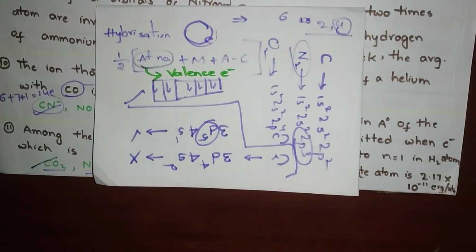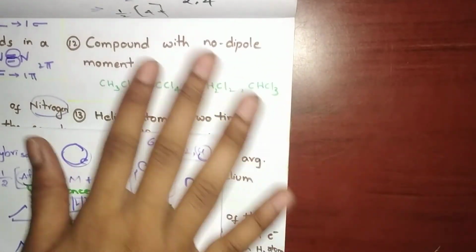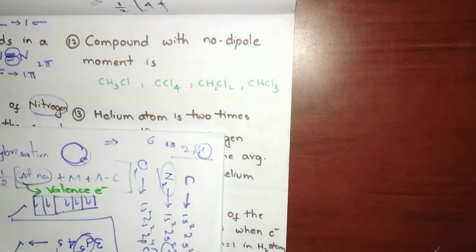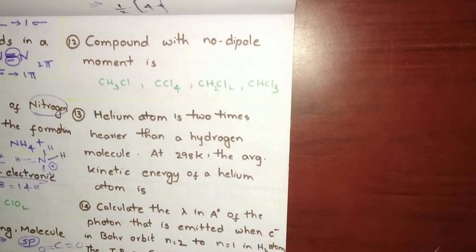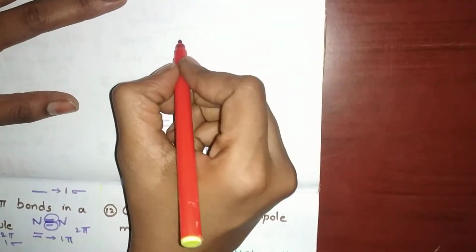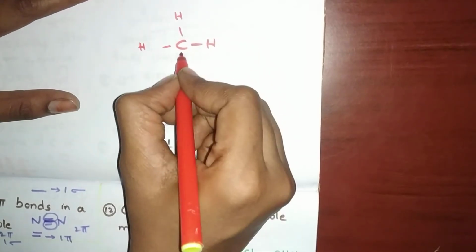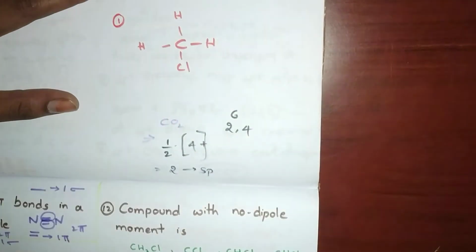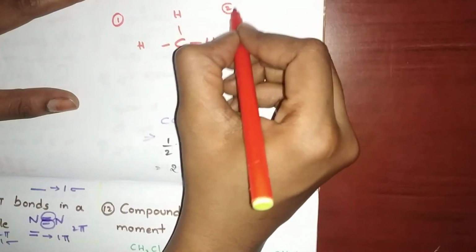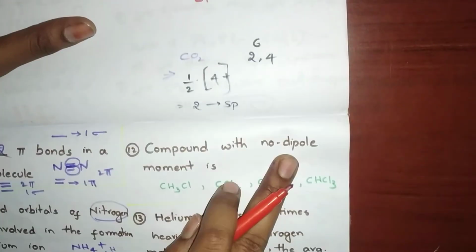Okay. So next, see the question. Compound with no dipole moment. We have to find the correct option. CH3Cl, CCl4, CH2Cl2, CHCl3. See, this is the first option, and the second option is the correct option because they asked for no dipole moment.